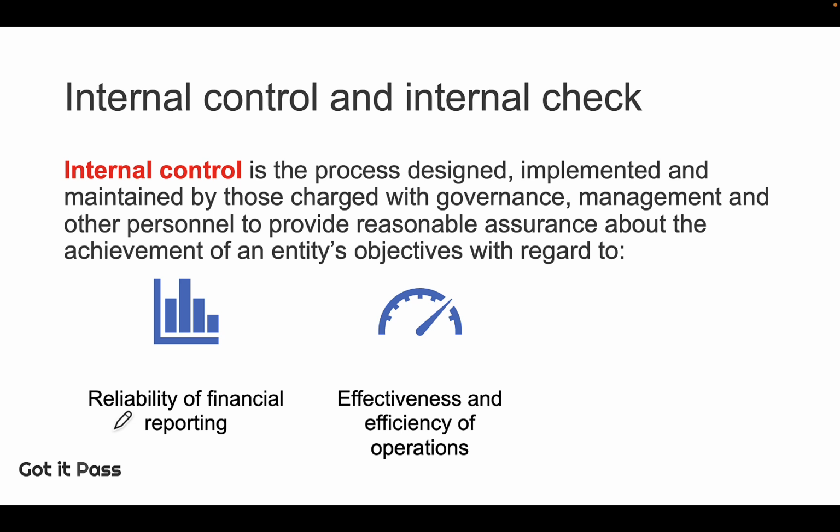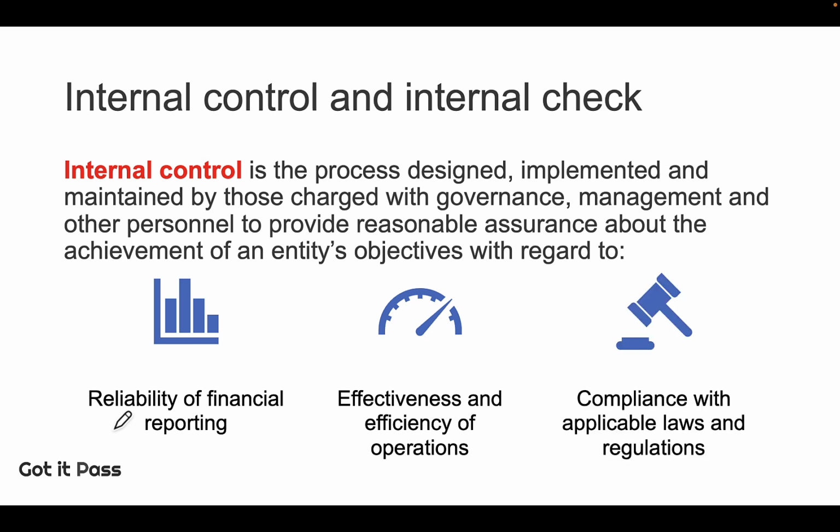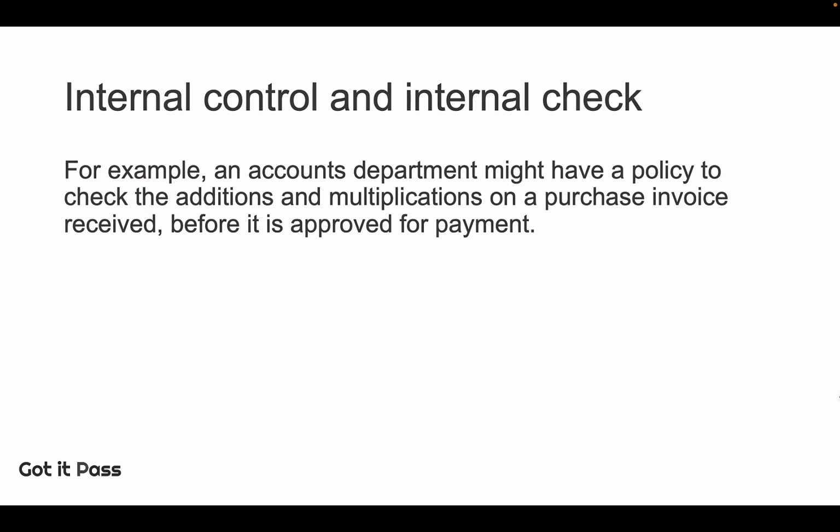The process of internal control helps to achieve the operations efficiency as well as the effectiveness. And third, it's very important as well, internal control helps organizations or entities to comply with applicable laws and regulations.